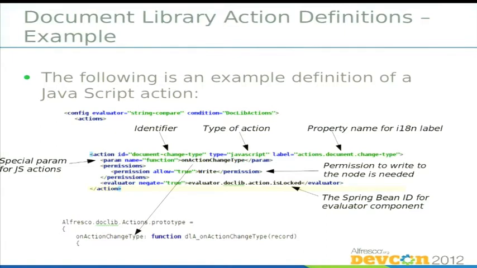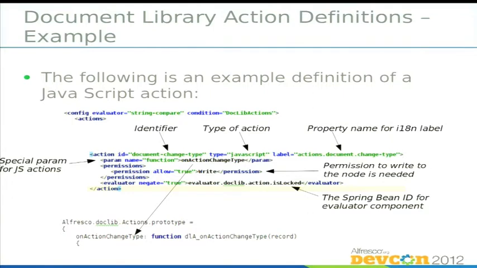Because you are changing the type of a folder or document, you need to be able to write to it. And then here is an evaluator. An evaluator will look at the content item you are trying to change the type for in this case and see if it is locked, then you can't do anything to it. So it won't display that action.